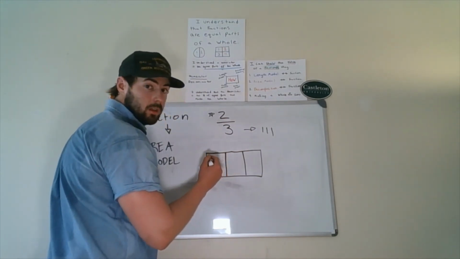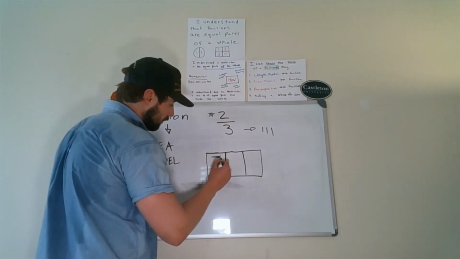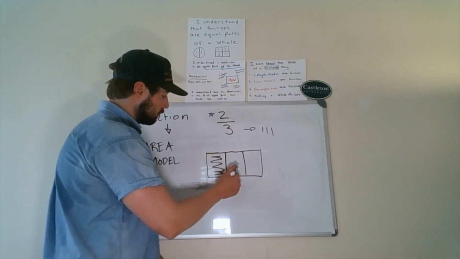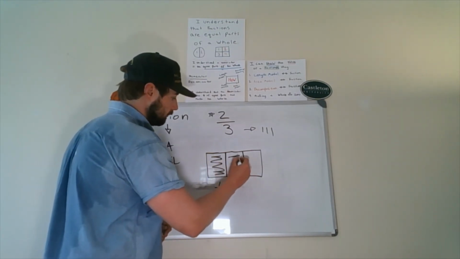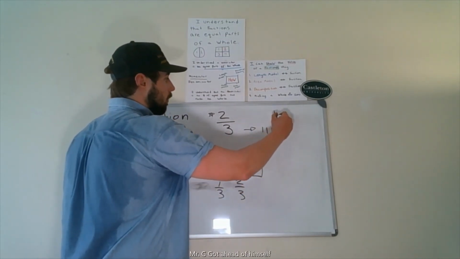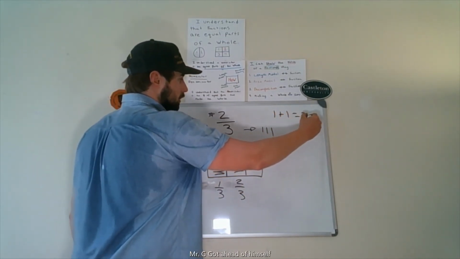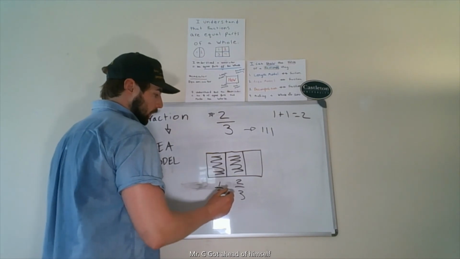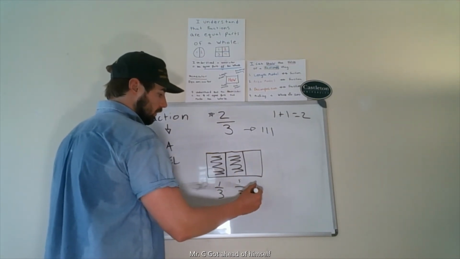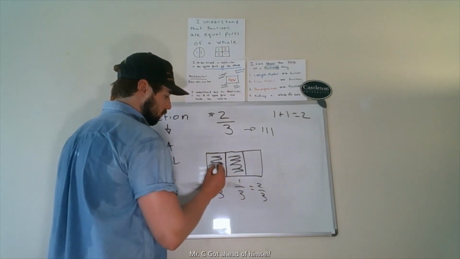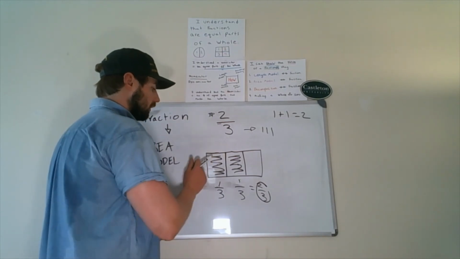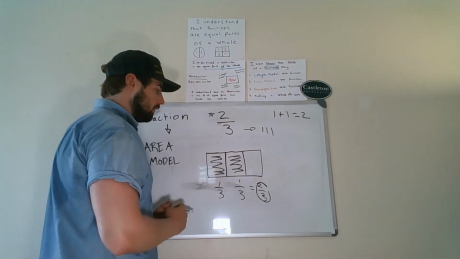Let's count by fractions. 1/3. What would the next one be? 2/3. Much like 1 plus 1 equals 2, 1/3 plus another third would equal 2/3. There it is, 2/3 on an area model.